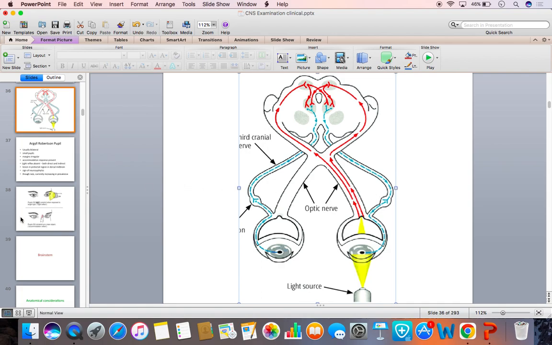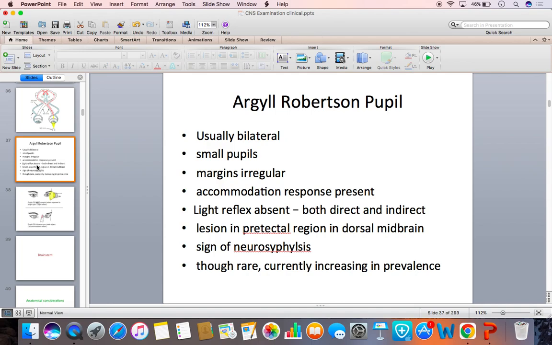Then coming to Argyll-Robertson pupil. What is it? AR pupil. What are the features? Argyll-Robertson pupil is usually bilateral, number one. Pupils are small in size, number two. Margins are irregular, number three.